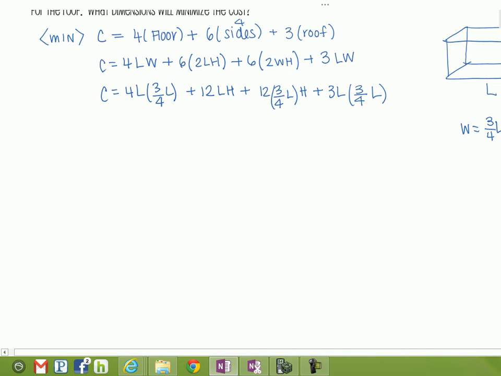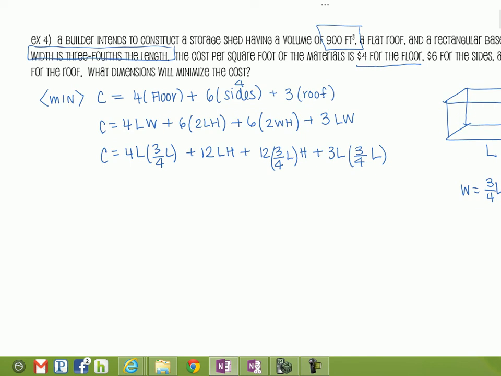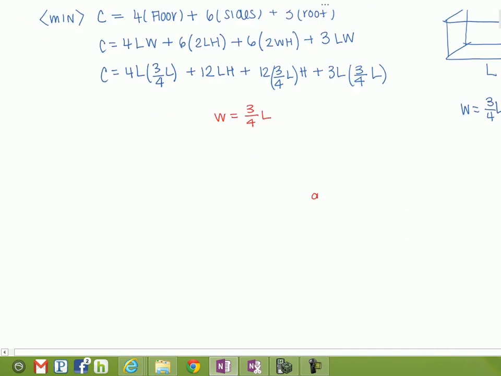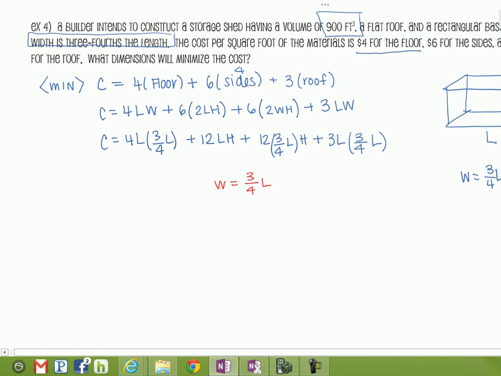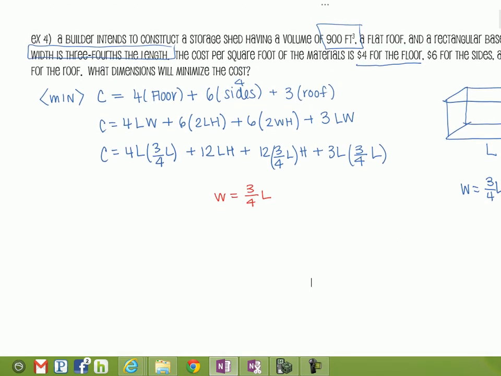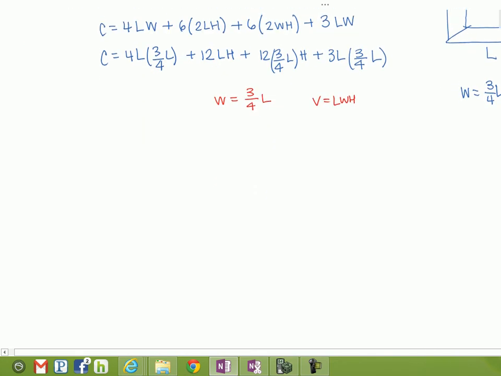So, the extra information that we had was that the W was 3/4 of the L. We also got that the volume is length, width, height, that the volume is 900.